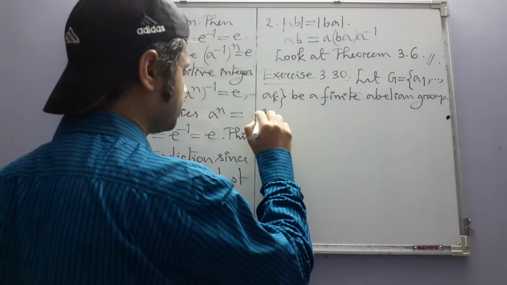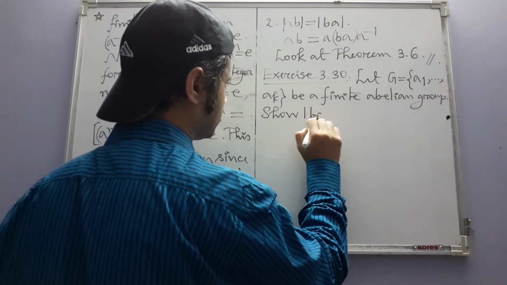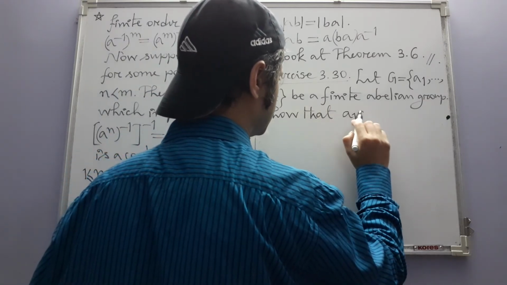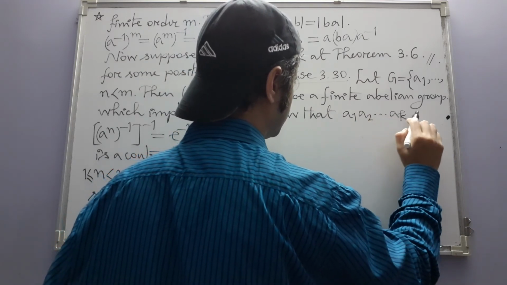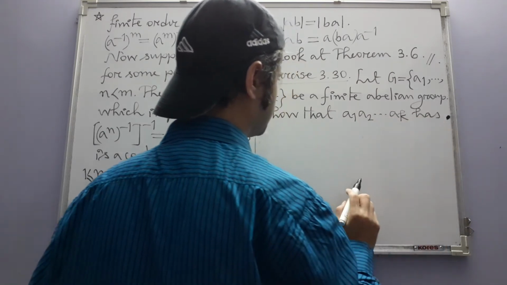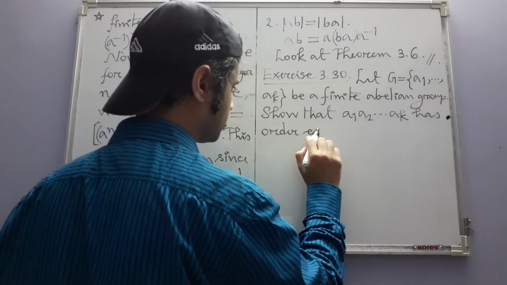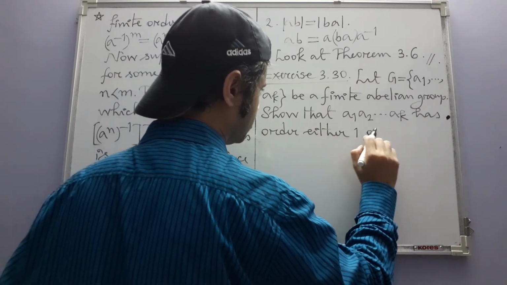Show that this particular element, which is the product of all the elements of this group, has order either 1 or 2.